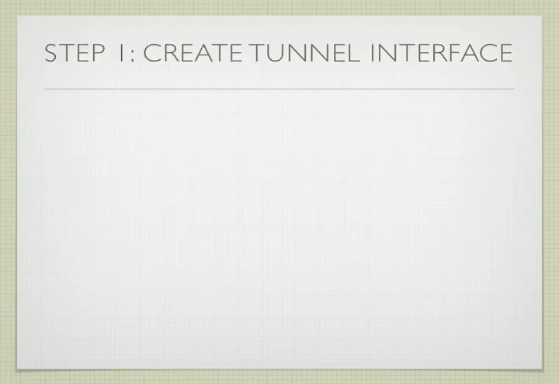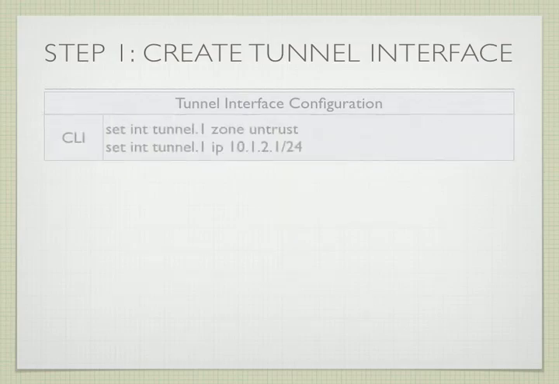Okay, to create the tunnel interface, we're going to go to the interfaces area, set interface tunnel.1, put it in a zone, set interface tunnel.1, assign it an IP address. Just like Ethernet 0/0, a bgroup, any other interface, exactly the same commands.